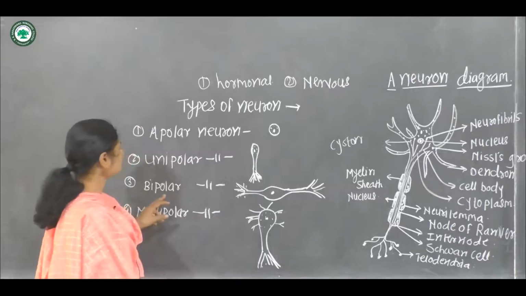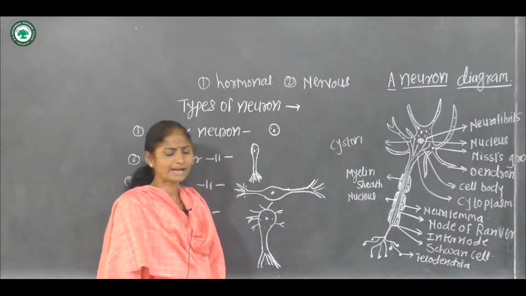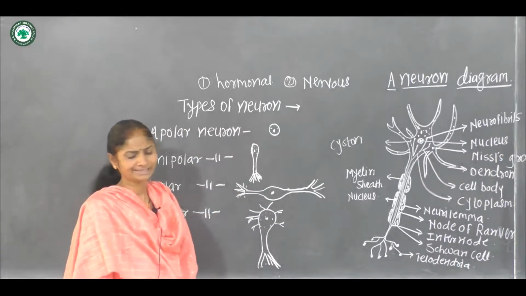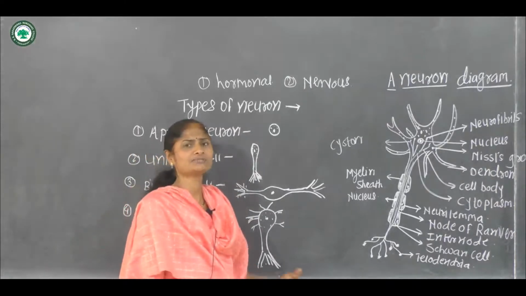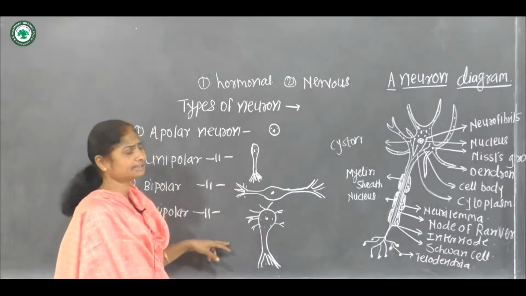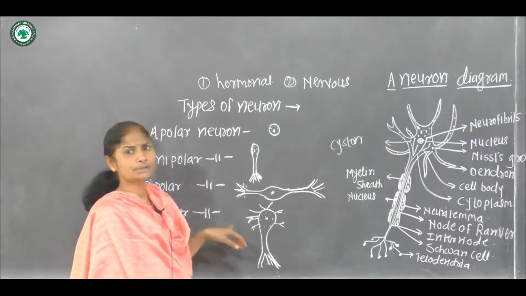The third type is bipolar neurons. Bipolar neurons are spindle shaped and possess an axon at one end and dendrons at the other end. The next type is the multipolar neuron.